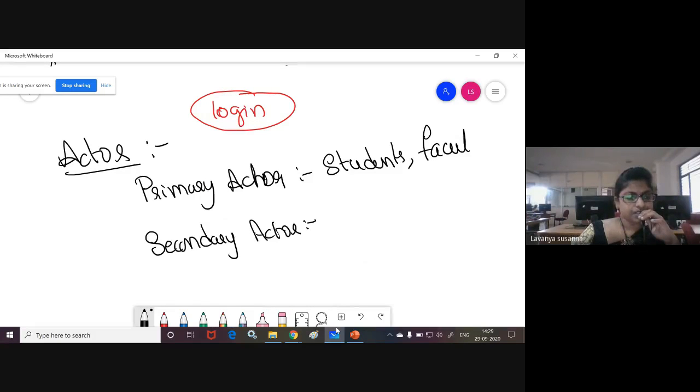Who needs these functionalities? Who wants to post the attendance? Who wants to view the attendance? Who wants to post the marks? Who wants to view the marks? All those things. Who needs this functionality? Students and faculty, right?